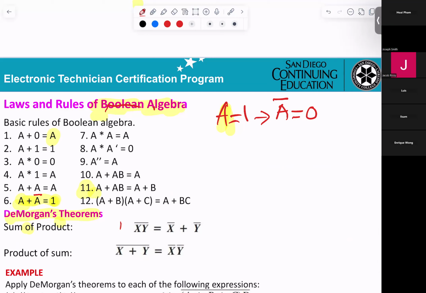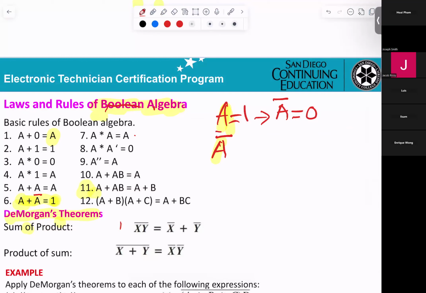A times A is A. A times not A equals 0. A not equal A. That means, get A here.